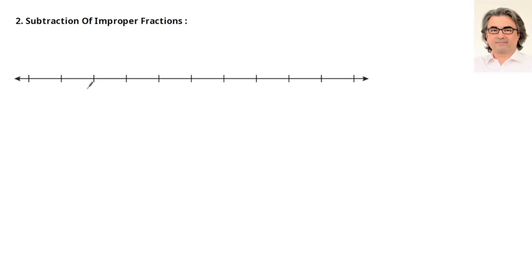Now, let's start from here, writing some improper fractions. 14 over 9, 13 over 9, 12 over 9, 11 over 9, 10 over 9, and 9 over 9. 9 over 9 is 1, you know.